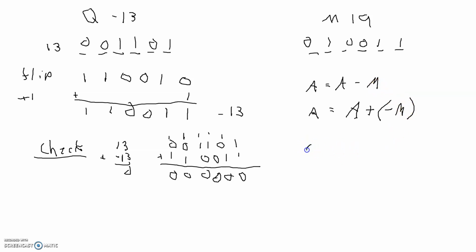So if our starting number, this is our 19, we want to flip the bits. Everywhere there's a 1, there's a 0. Everywhere there's a 0, there's a 1. Then we're going to add 1.